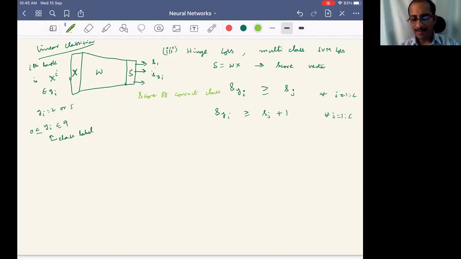I will write something here, but I need some answer from you. Say if I put S_yi greater than or equal to Sj plus 1, what does it imply? Some answer is required.